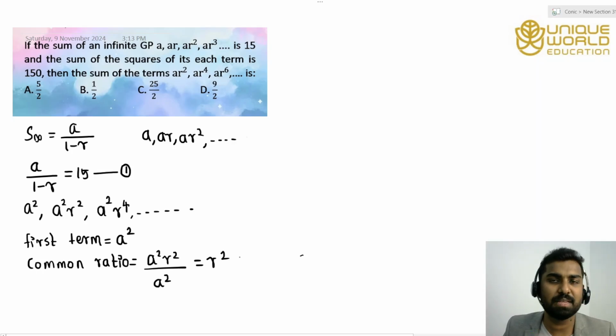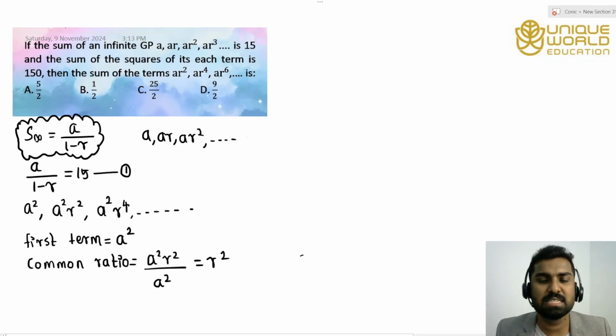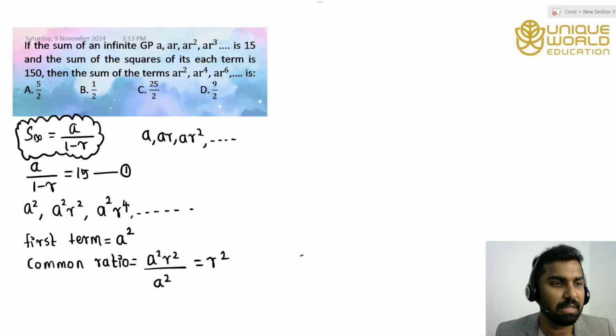So the first term is a square and the common ratio is r square. We can apply the infinite GP formula. We know if the first term is a and the common ratio is r, S infinity is a divided by 1 minus r. So the first term is a square, the common ratio is r square, then S infinity will become what?